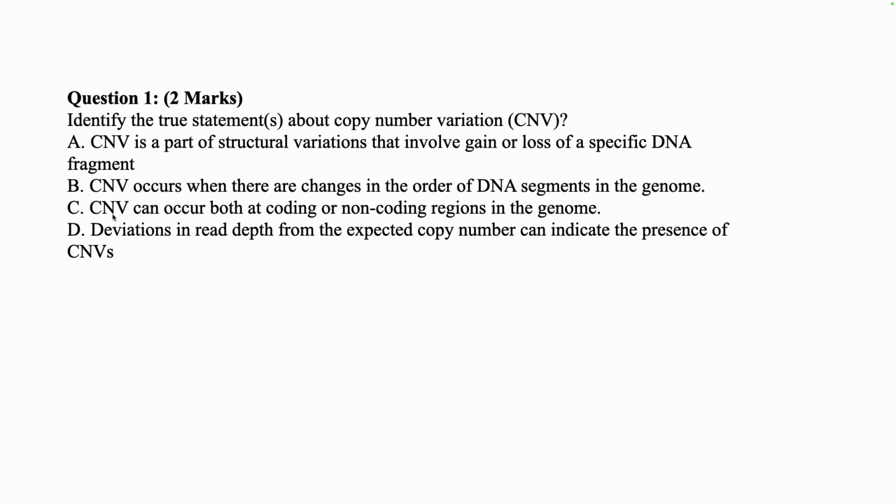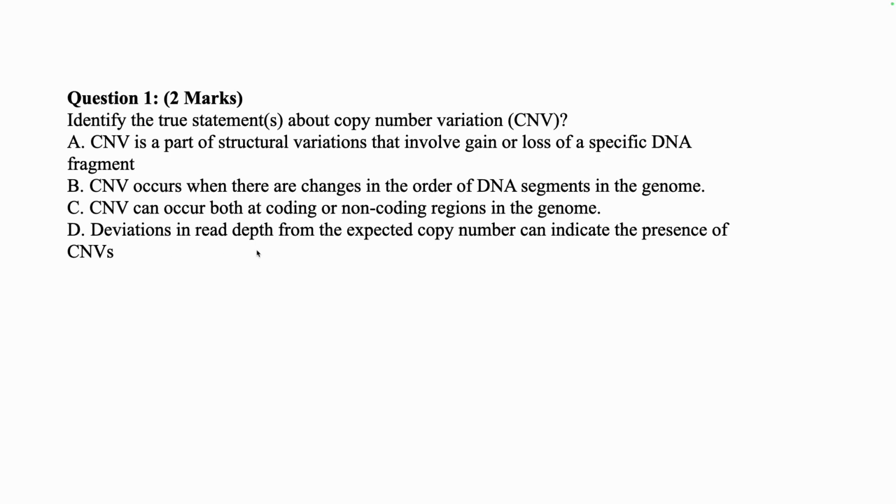C states CNV can occur both at coding or non-coding regions in the genome, which is true. A duplication or a deletion can happen anywhere in the genome, whether it is a coding or a non-coding region. D states deviation in read depth from the expected copy number can indicate the presence of CNV.